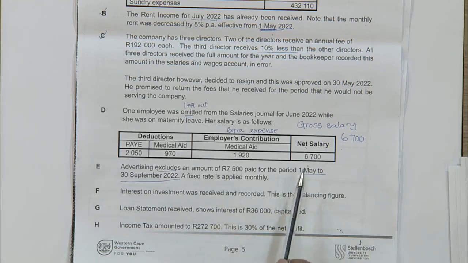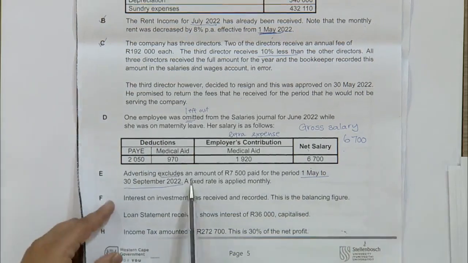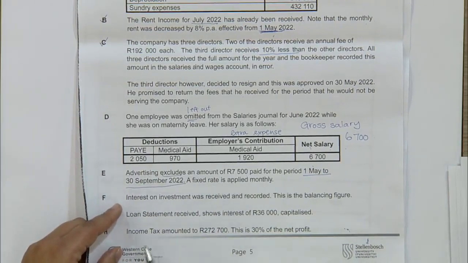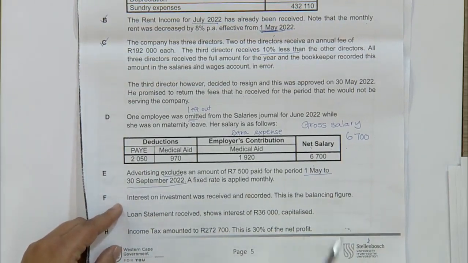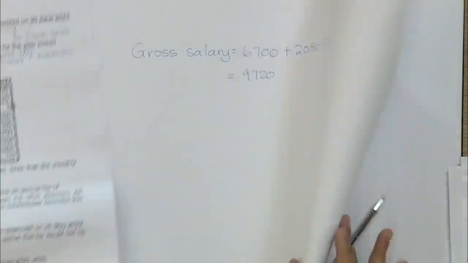So you have to take that into account, right? You have to look at the dates very, very closely. And then the last one they tell us, a fixed rate is applied monthly, meaning that each month it is the same amount, right?